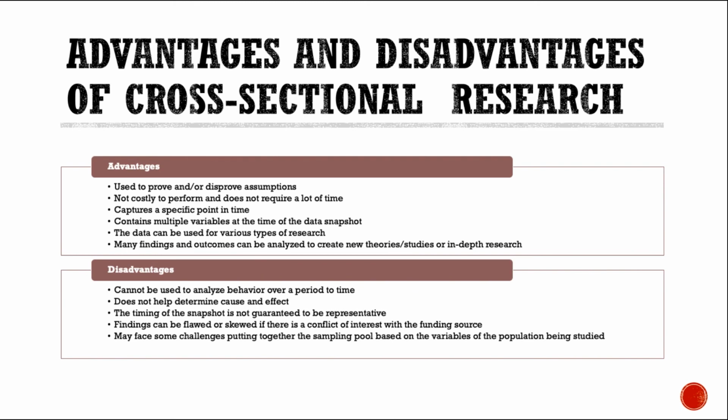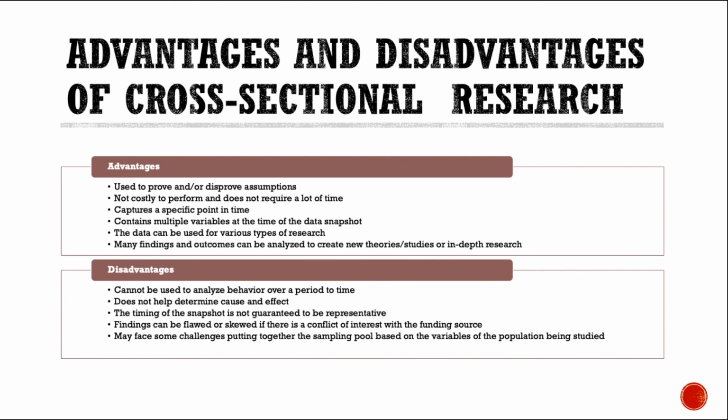It captures a specific point in time only, and contains multiple variables at the time of the data snapshot. So you can have so many variables, you put them all together in order to understand the phenomenon. Also, the data can be used for various types of research. So that data, you can use it in different types of research, not only cross-sectional research.